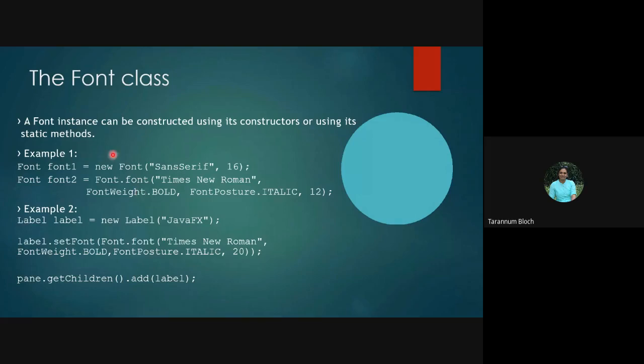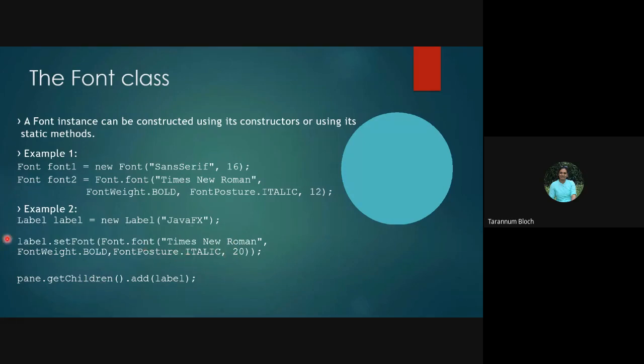So here is example two. You see here we have taken a label, and a label is something which displays text on the screen. We said label1 equal to new Label("JavaFX"). Now over this label we are applying all this. How will we do that? Our object name is label, so we say label.setFont, and we give a font with the font family, font weight, font posture, and the size, right?